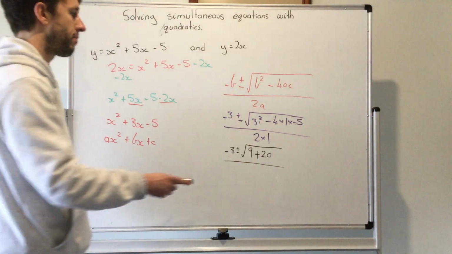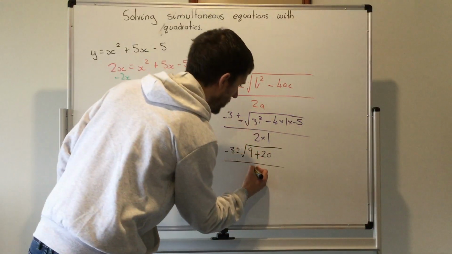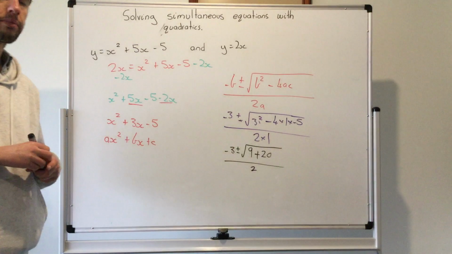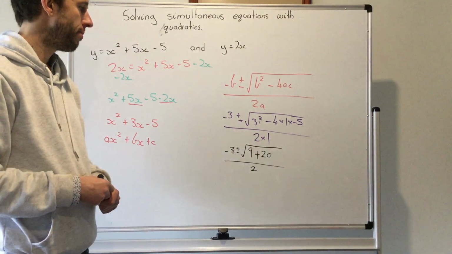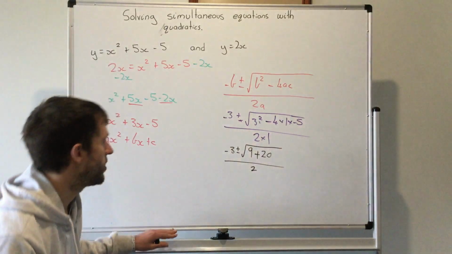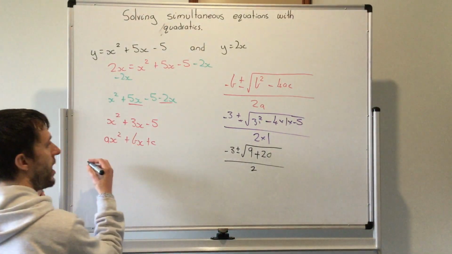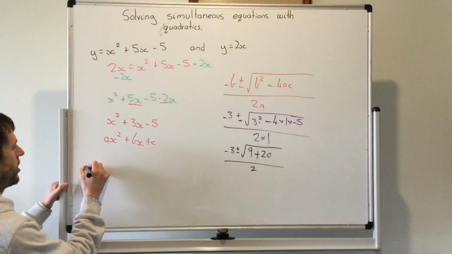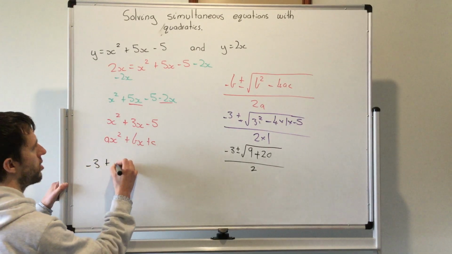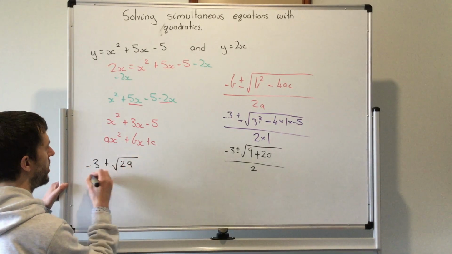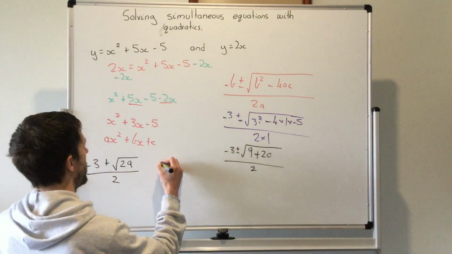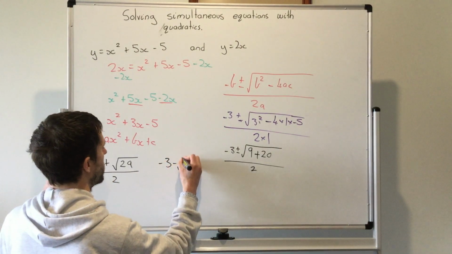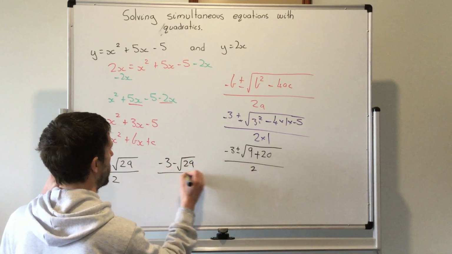Divided by 2 times 1 equals 2. So I know 9 plus 20 equals 29. So that gives me 2 of my values. Negative 3 plus the square root of 29 divided by 2. And I'm also given negative 3 minus the square root of 29 over 2.